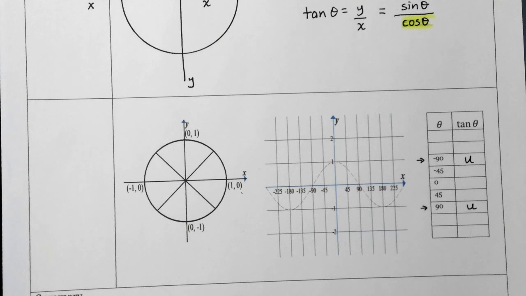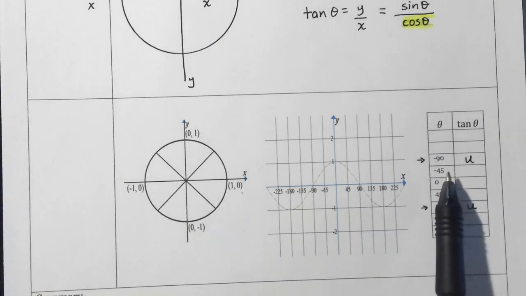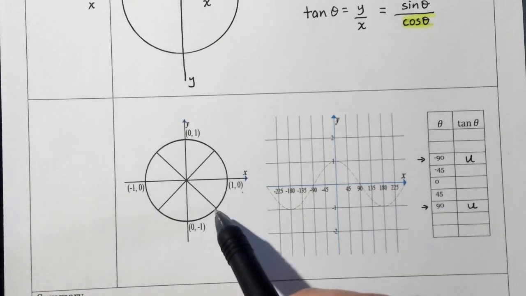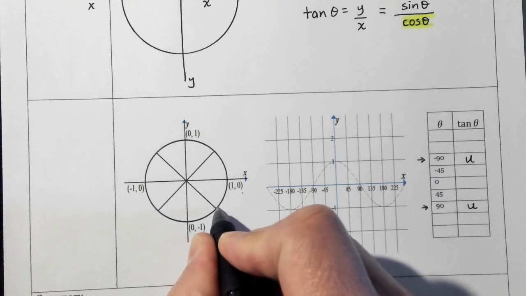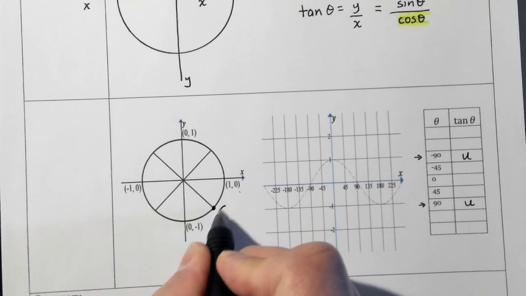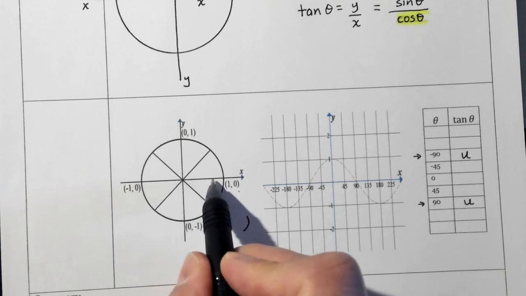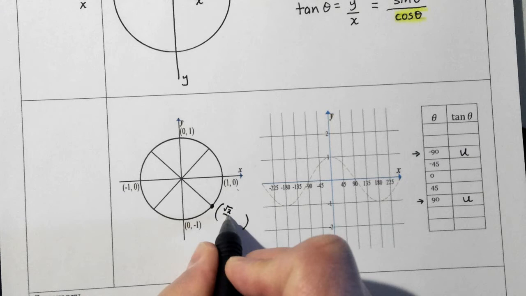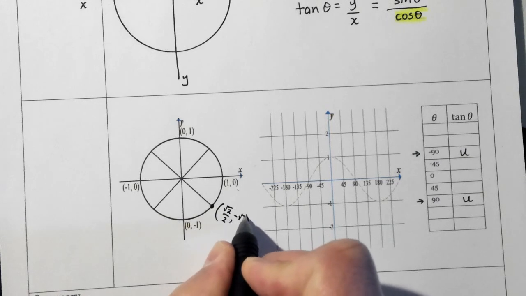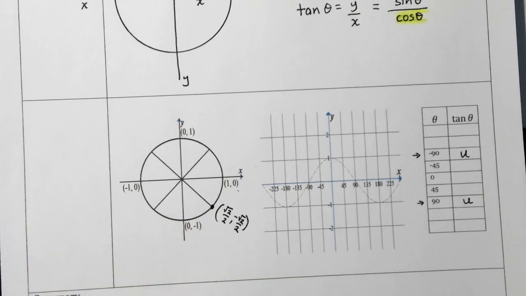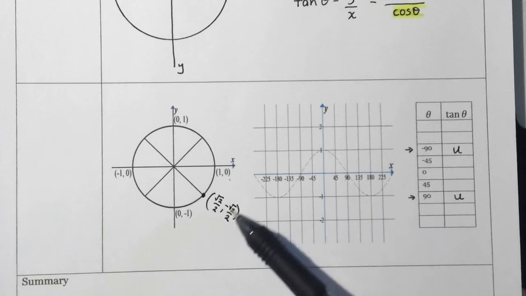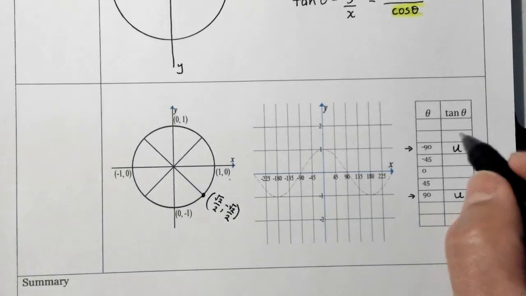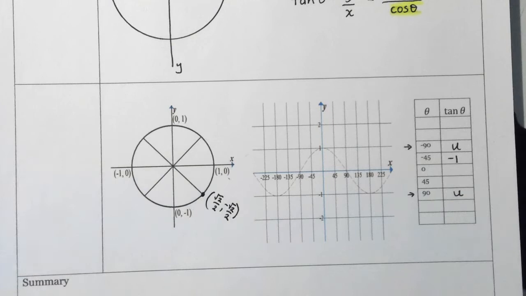And next, let's do negative 45, which is right here. The coordinates of that point are positive radical 2 over 2 and negative radical 2 over 2. So if you take this divided by this, you get negative 1.